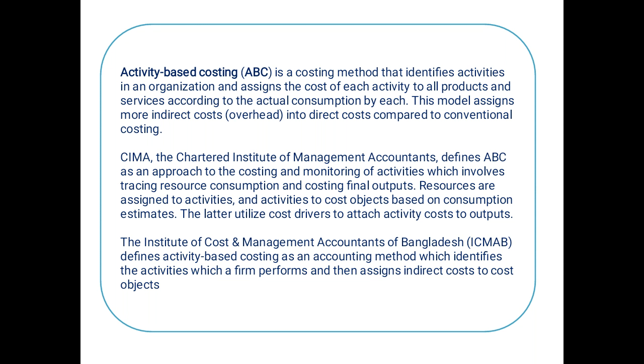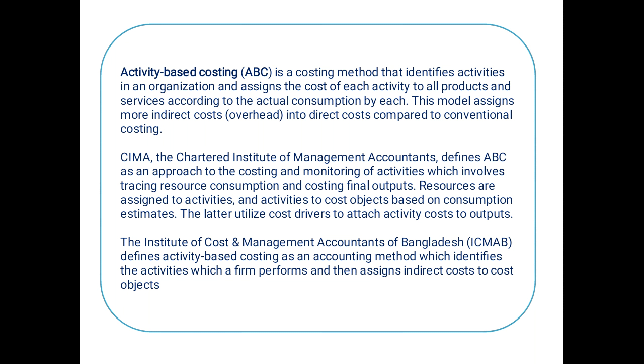We can see the different definitions. The first definition is that activity based costing is a costing method that identifies activities in the organization and assigns the cost of each activity to all the products and services according to the actual consumption by each. That means according to this method we first identify what activities are performed for producing a product and services, and then assign the cost of each activity.